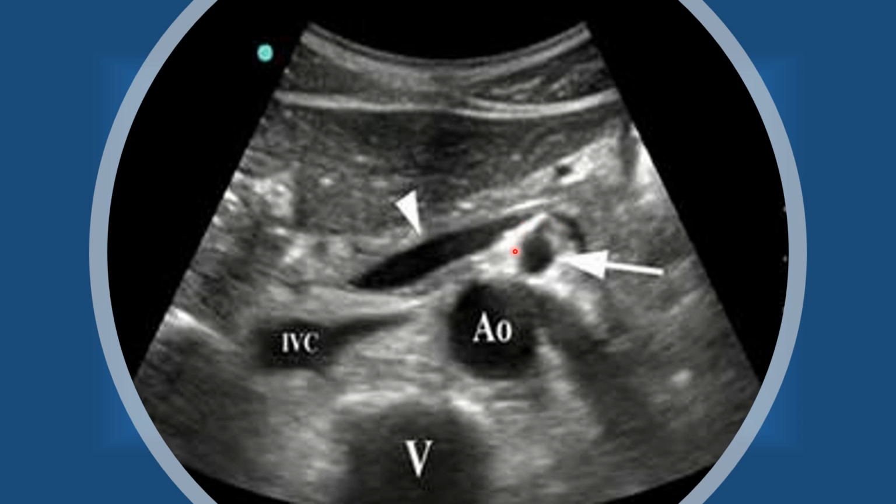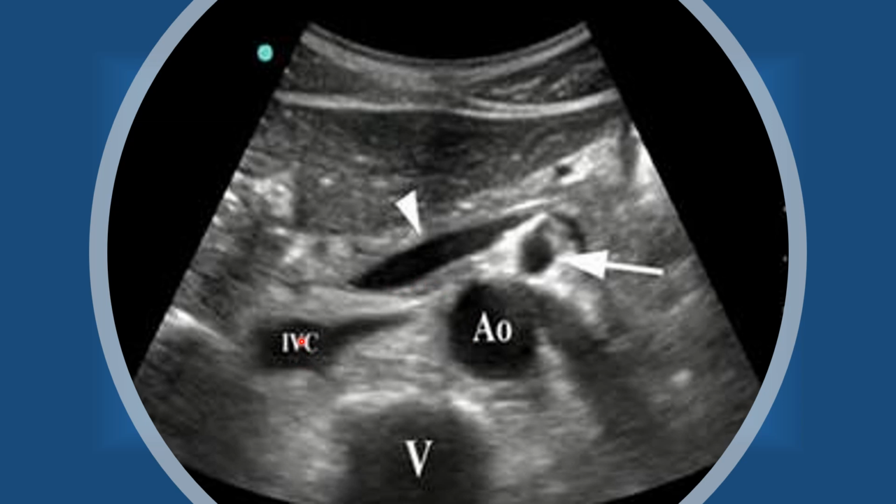In front of it, you should see the splenic vein running behind the pancreas. So here's part of that pancreatic tail and body, just a little bit of it. We can see a little bit of the head. Splenic vein here. It'll turn into the portosplenic confluence and head into the liver as the portal vein.